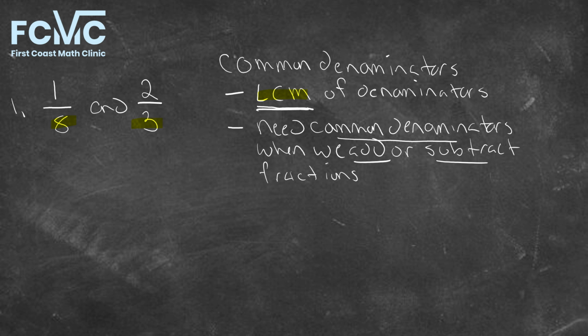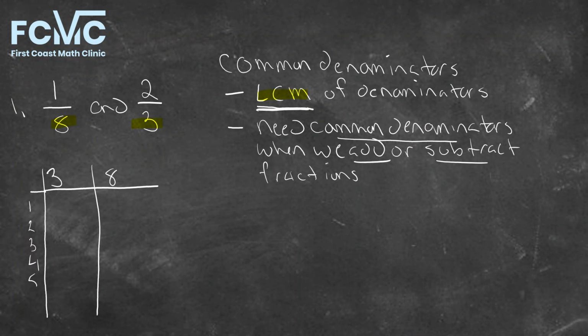An easy way to find our common denominators or least common multiple is to set up a table. So let's do that with our denominators 3 and 8, and then our values on the left. And let's multiply 3 by our values along the left.